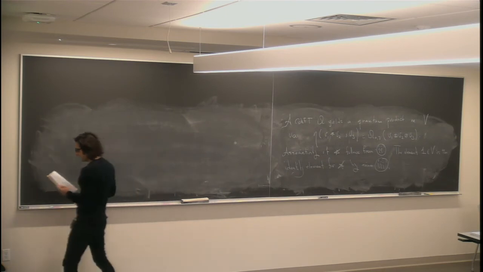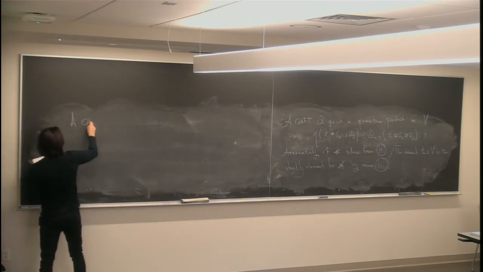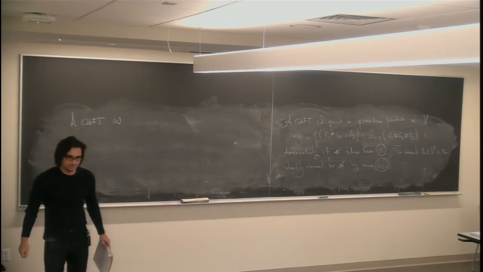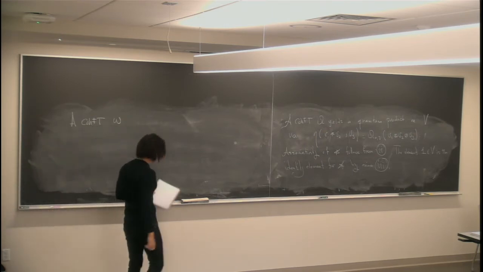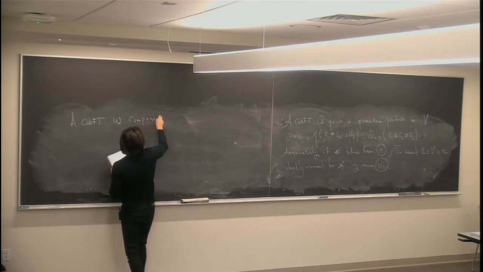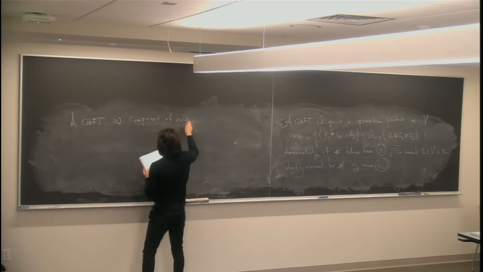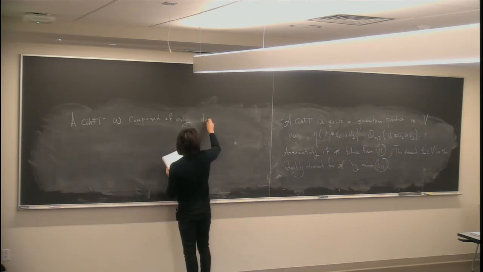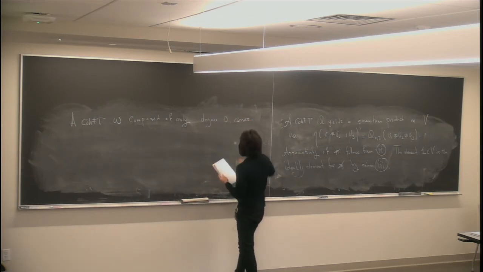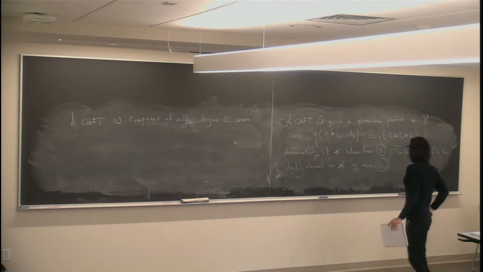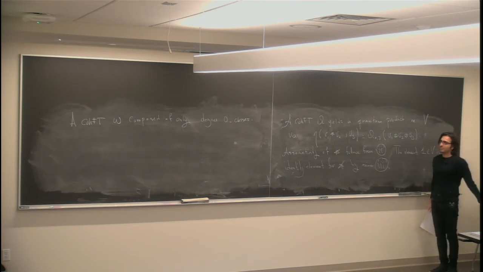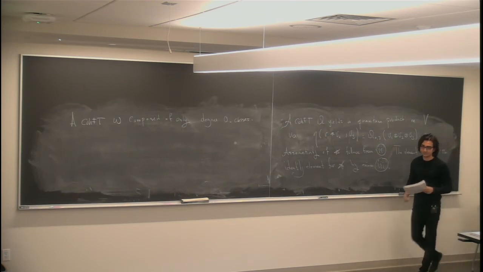All right, now a cohomological field theory omega, let's call it little omega instead of big omega, composed of only degree 0 classes. That means that the classes on the moduli of genus g marked curves we want to be degree 0 classes.